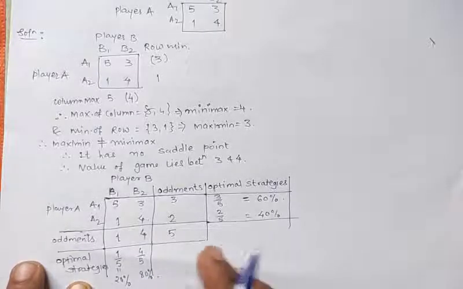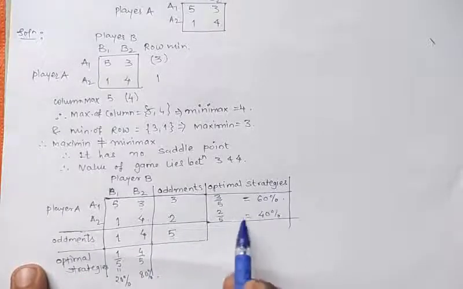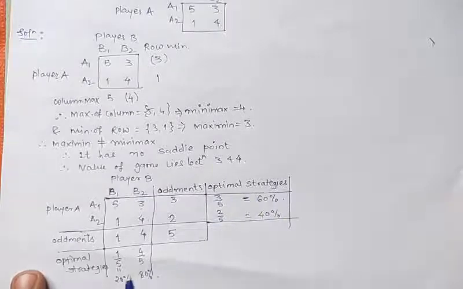These are the optimal strategies, this is for player A and this is for player B.